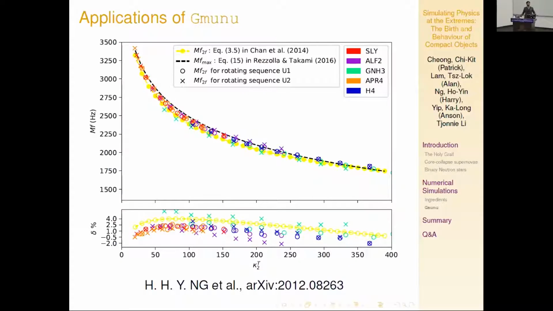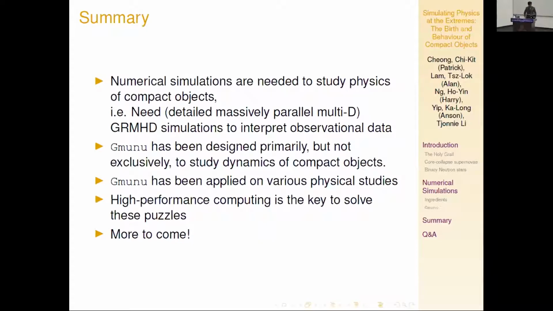Not only have we gone through this code testing, GMU has actually already been applied to a physical problem. For example, here we investigate the origin of the frequency of the gravitational waves from binary neutron stars. So this is our summary. We need numerical simulations to study the physics of compact objects.